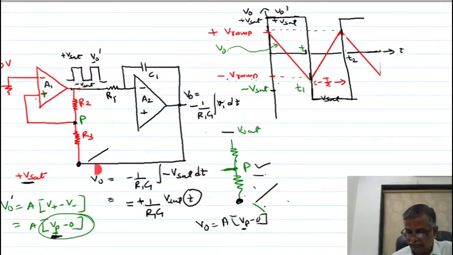This positive ramp comes here, and at time T2 the point P is slightly above 0. So the state of VO dash changes from minus to plus. This continuously repeats, and as a result we get a triangle waveform at the output.